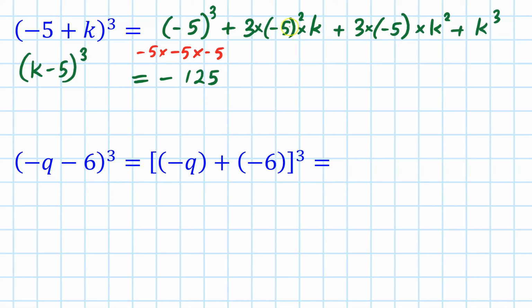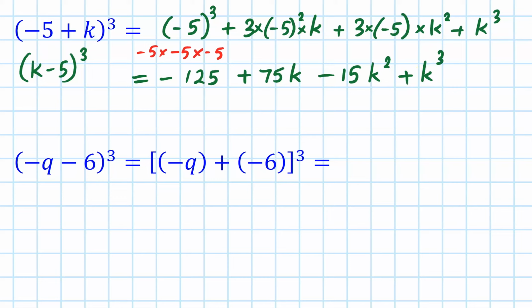Here we have (-5) squared, which is positive 25 times 3, 75k, but positive. Here 3 times -5 is -15, and k squared. Finally, we would have k cubed.